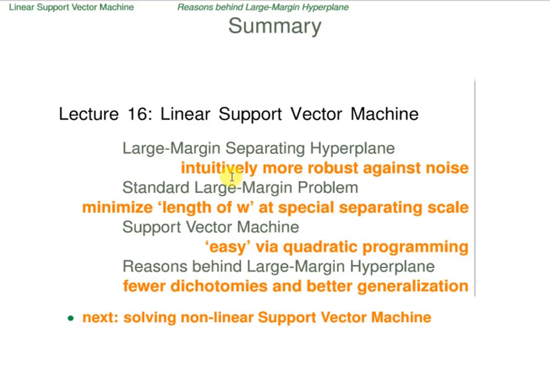We also said in this class that the main reason behind large margin hyperplanes is that they have fewer dichotomies and a natural form of regularization that leads to better generalization. So weight decay can be related to maximizing the margin of the hyperplane. In the next class, we will derive nonlinear support vector machines, which will be even more interesting and powerful. That's it for today.